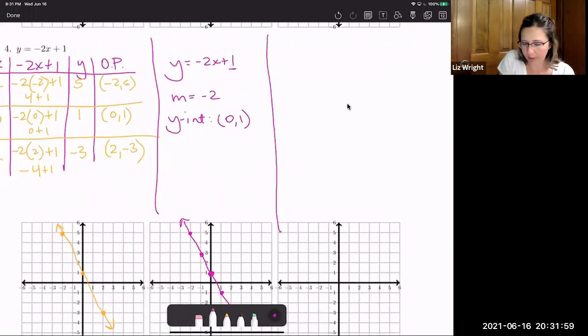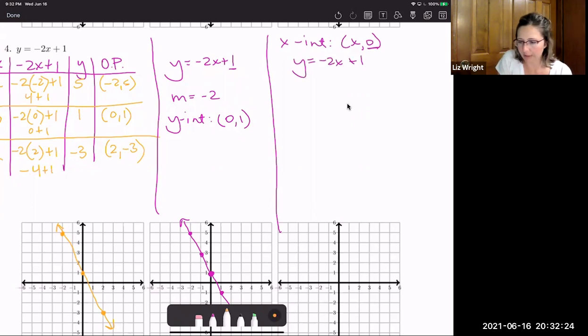And now let's do our intercepts. So our x-intercept is in the general form of x, 0. This one is telling us that we're substituting 0 in for y, and we're solving for x. So we're going to have y equals -2x plus 1.